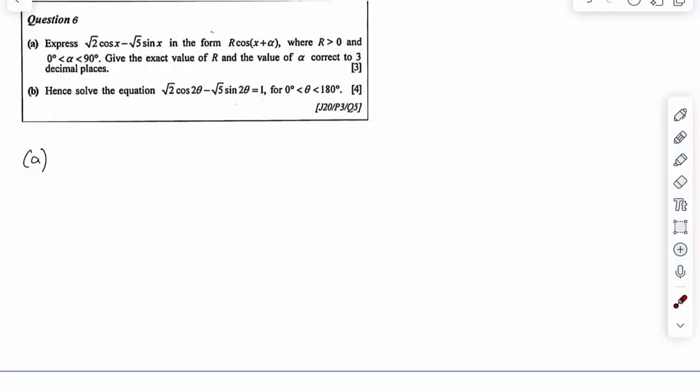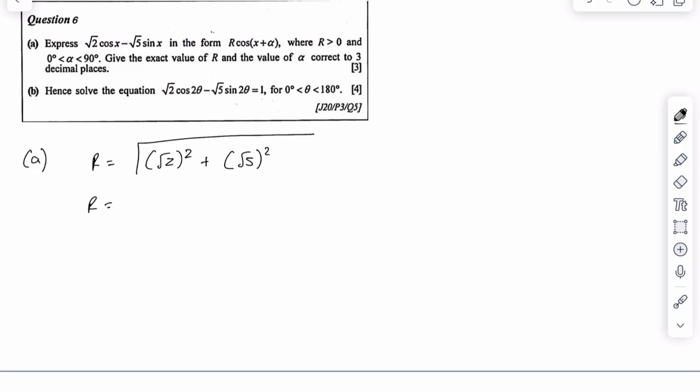Alright guys, now similar situation for question 6. It wants us to express in the form R cos x plus alpha, between 0 and 90 degrees. So, R is going to equal root 2 squared plus root 5 squared.